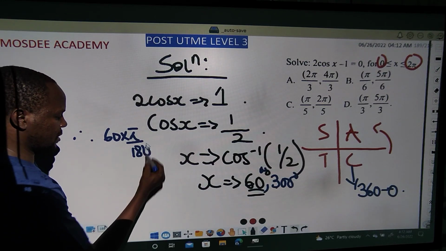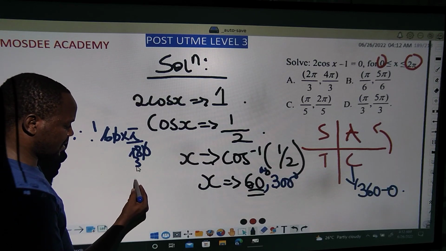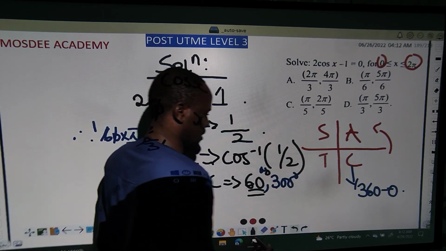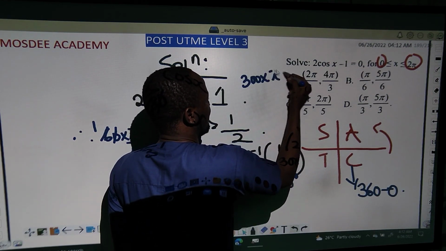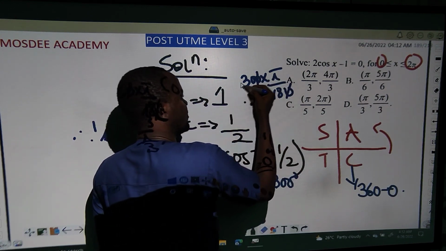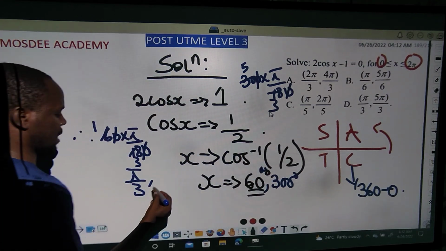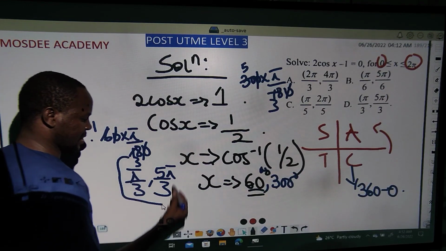You can cut. This gets cancelled out. 6 here 1, 6 times 3 is 18. That's pi over 3. That's the first one. Convert 300 by multiplying 300 times pi over 180. This gets cancelled out. 30 over 18. 6 here 5, 6 here 3. So that is 5 pi over 3.